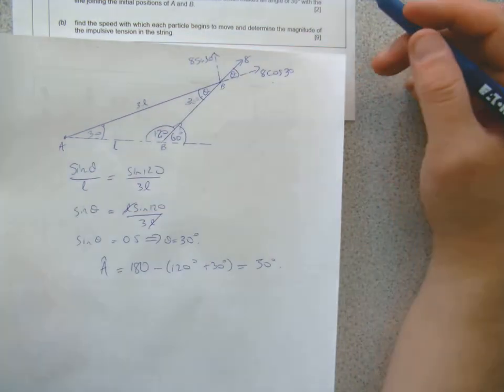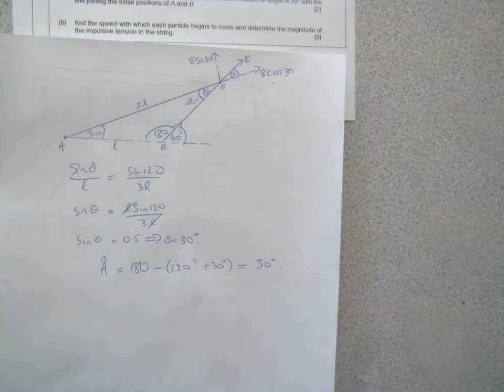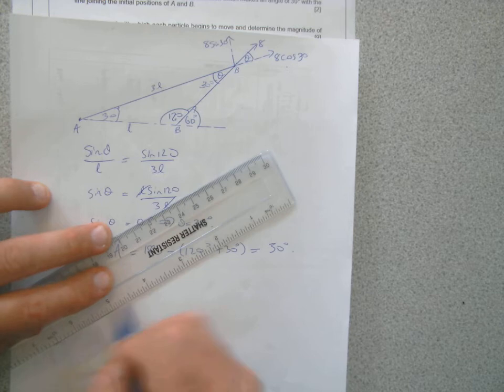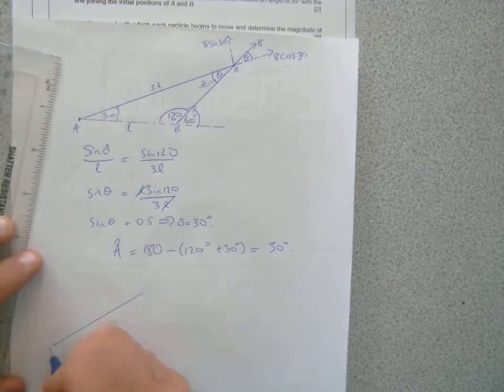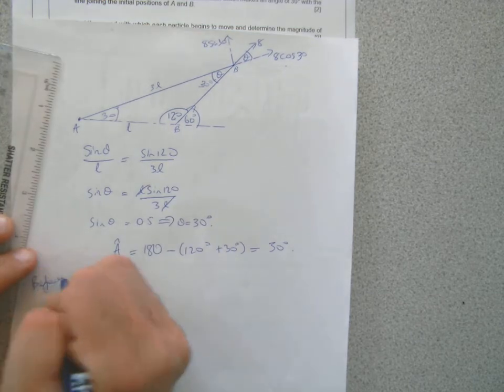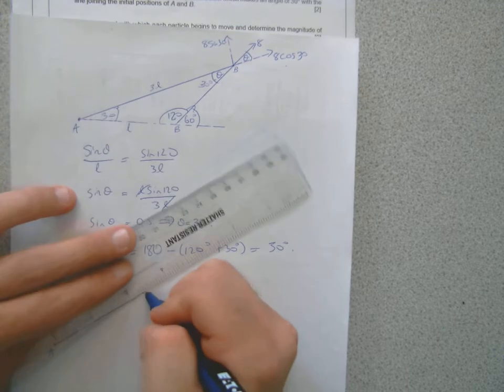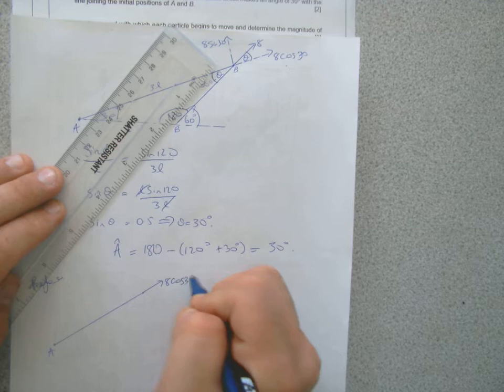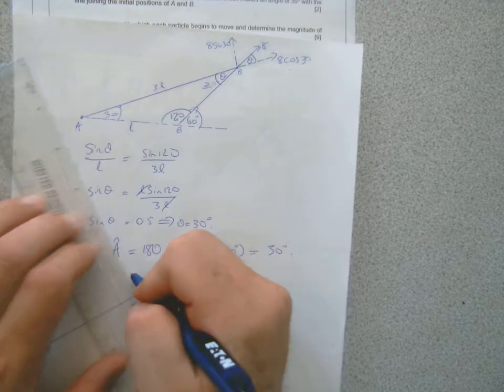Find the speed with which each particle begins to move and determine the magnitude of the impulsive tension. So we need the before and after situation now. Beforehand, A isn't moving. B will have that component there, 8 cos 30 and 8 sine 30.